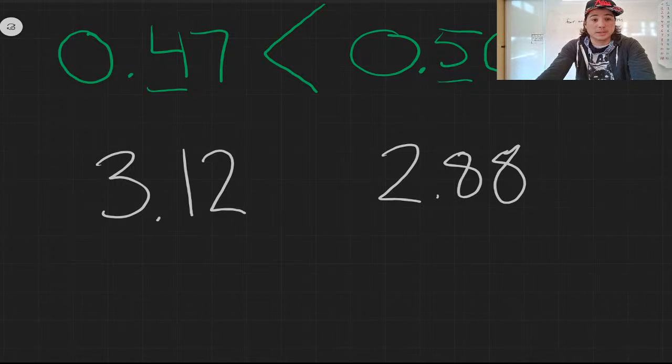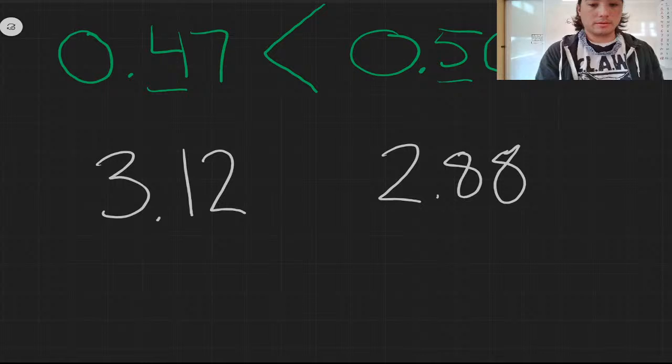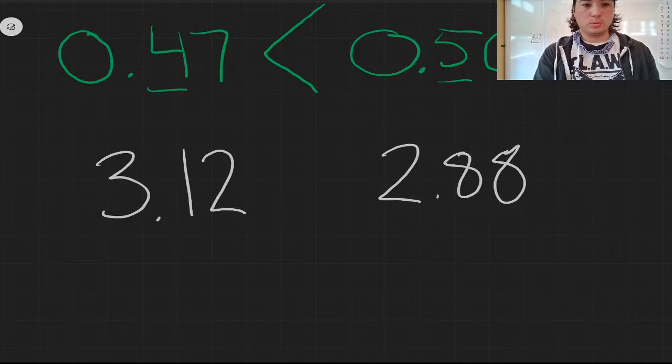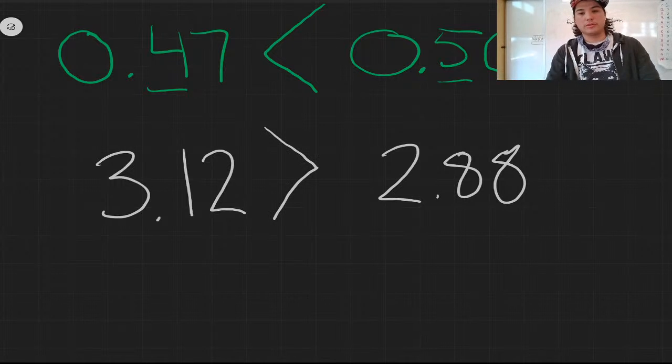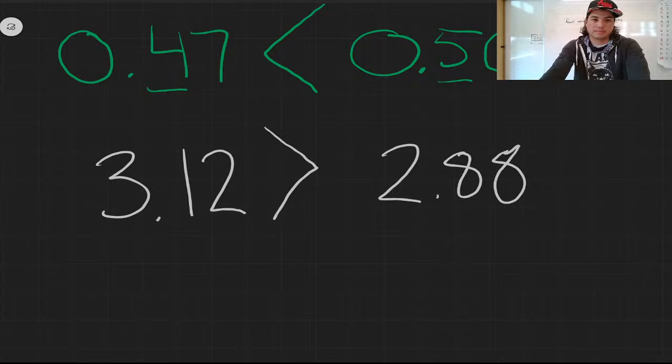In this case, it's the ones place. The last one we looked at, the largest place available was the tenths place. Those zeros in the ones place were equal. That didn't tell us anything, so we had to go to the tenths. Here, we don't even have to look at the decimal, because which number in the ones place is greater, 3 or 2? Exactly. 3 and 12 hundredths is greater than 2 and 88 hundredths.